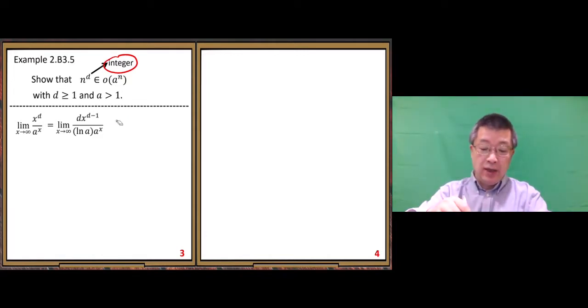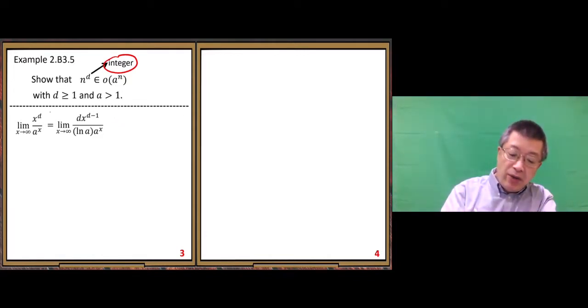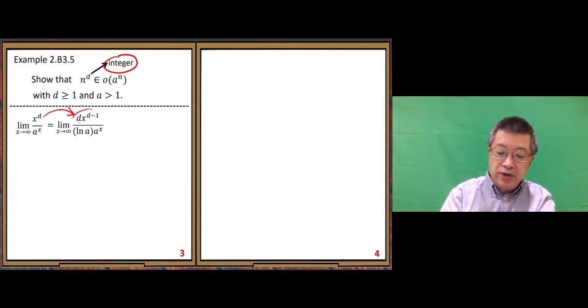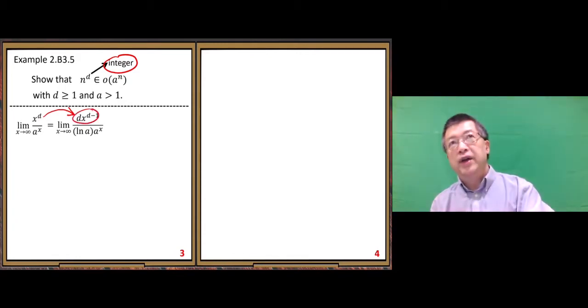And here I want to point out, from this step, the derivative of x to the d-th power equals this formula. It's the power rule.